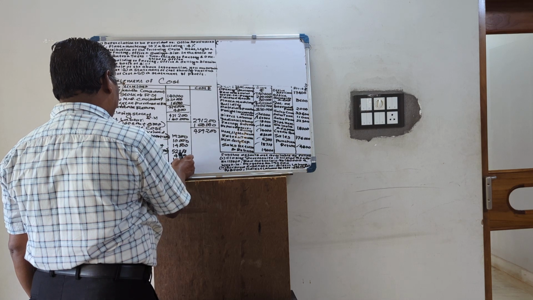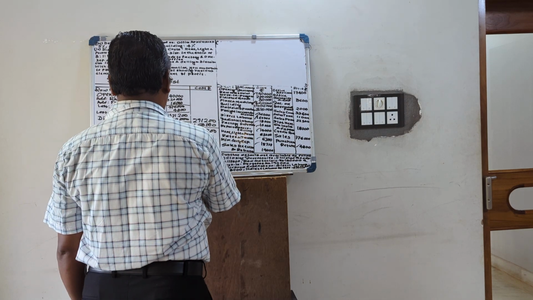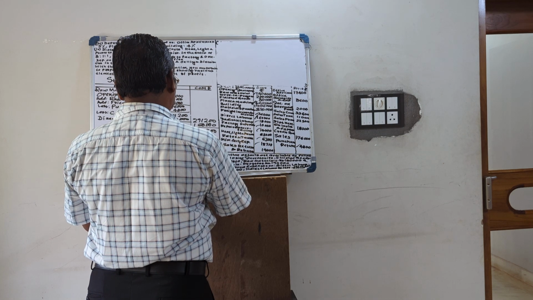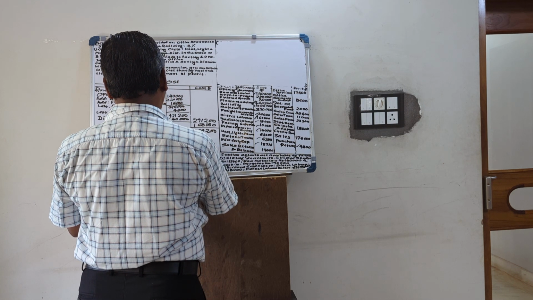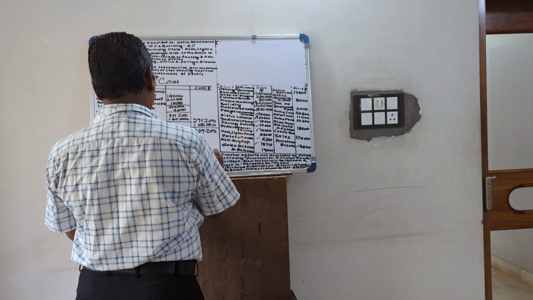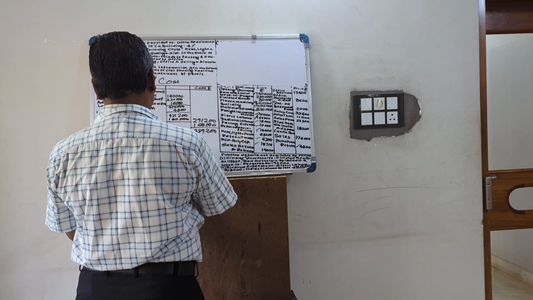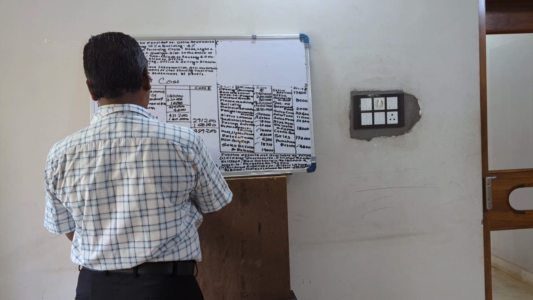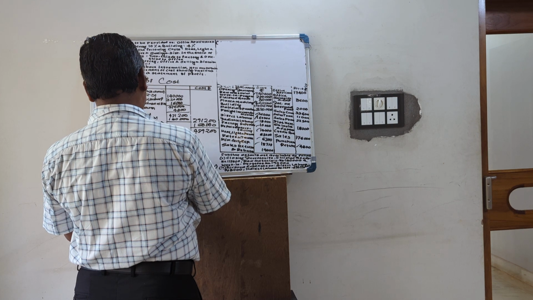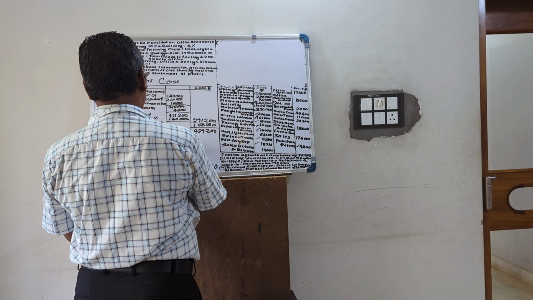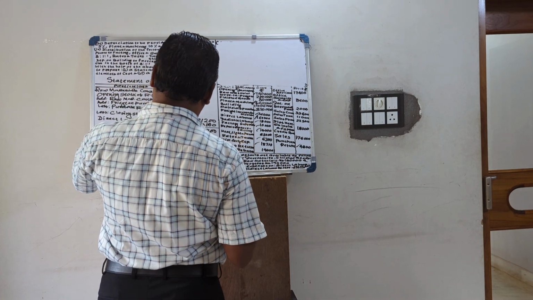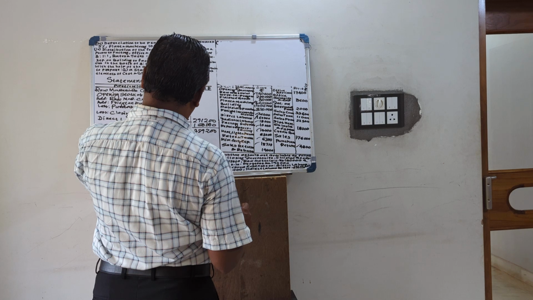This is all about factory overhead. So factory overhead comes to 1,96,150.